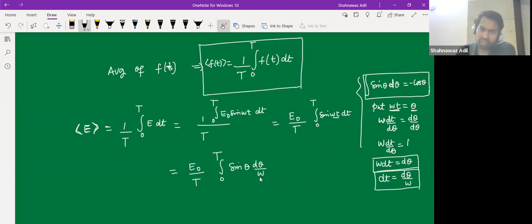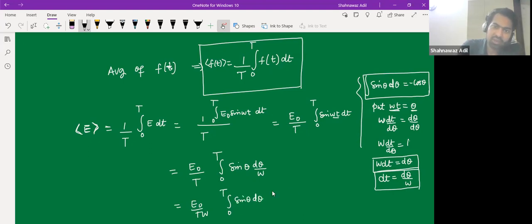The limits would be changed, but I will put back these values. So this is E naught by T, and then omega is taken outside, and then 0 to T of sine theta d theta.